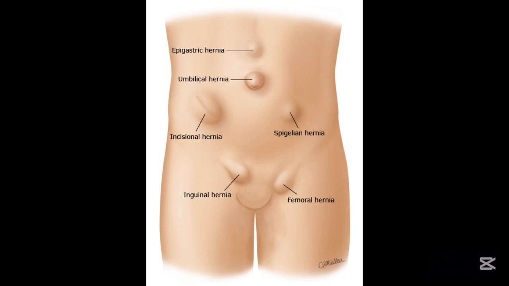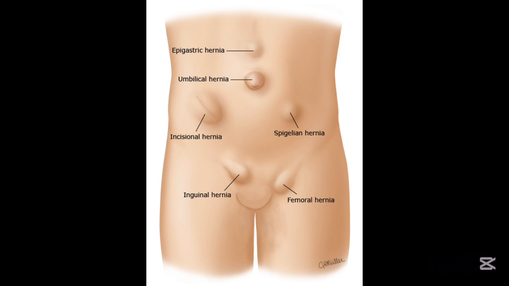We have epigastric hernia, which occurs in the upper abdomen between the umbilicus and the sternum. We have the incisional hernia, which occurs at the site of a previous surgical incision. We have the hiatal hernia, which occurs when the stomach pushes through the diaphragm into the chest cavity. Those are just some of the hernia types we have.